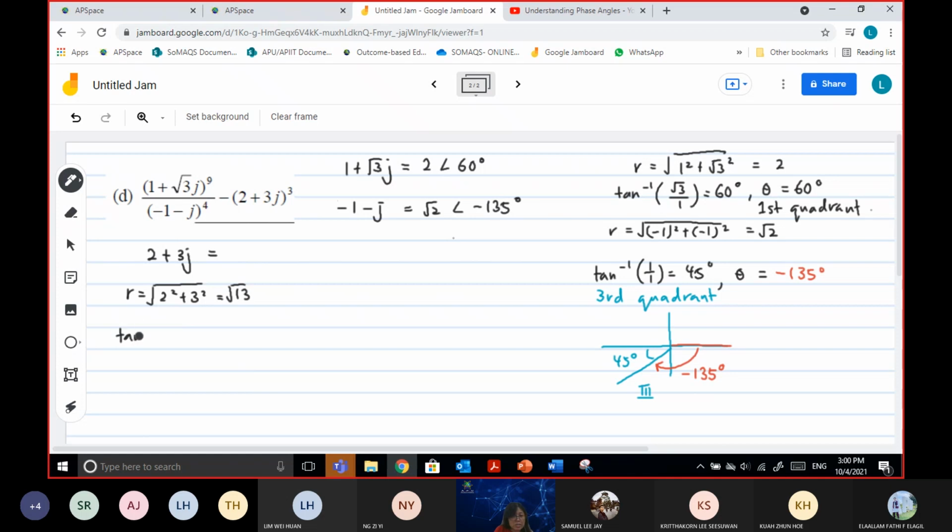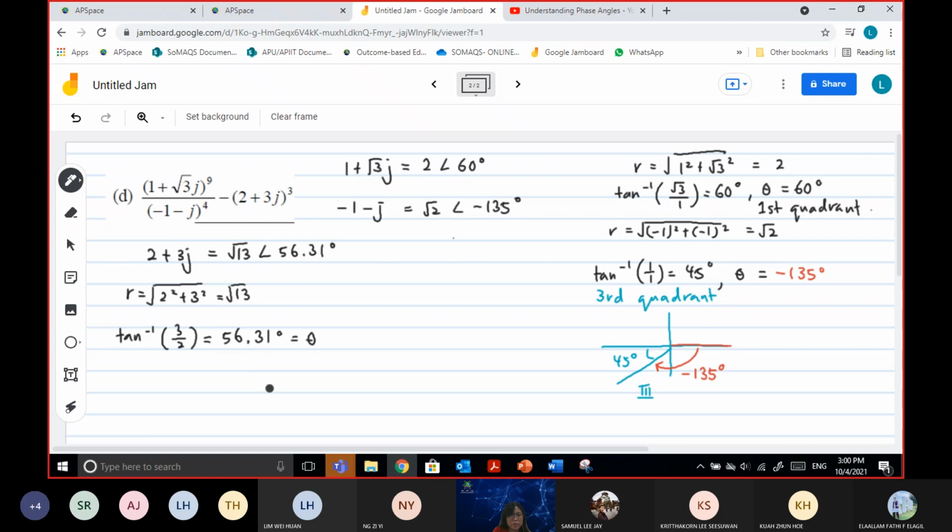Then arctangent of 3 over 2, which is 56.31 degrees. Since both x and y are positive, it's in the first quadrant, so this is theta. So square root of 13, angle 56.31. We have all the complex numbers in polar form.